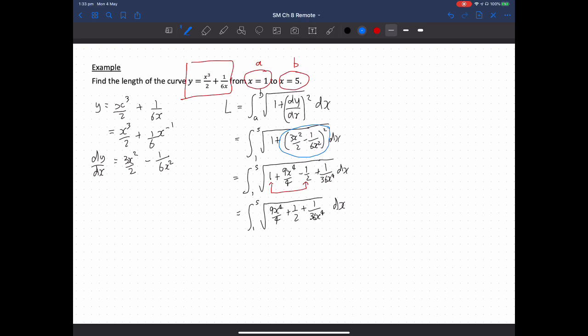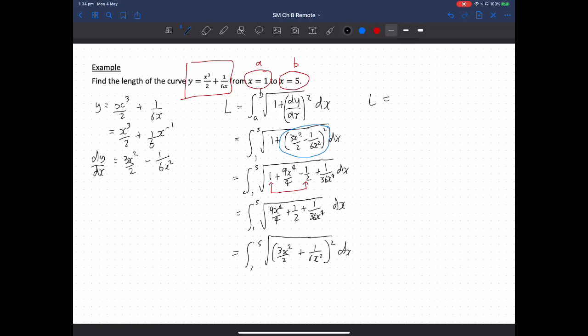By observation then, what we know is the integral from 1 to 5 of the square root of 3x squared on 2 plus 1 on 6x squared all squared dx.